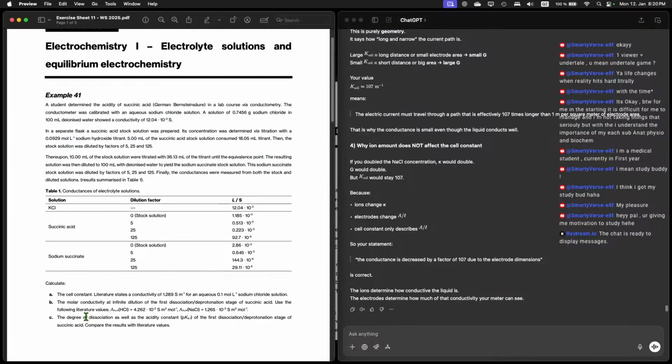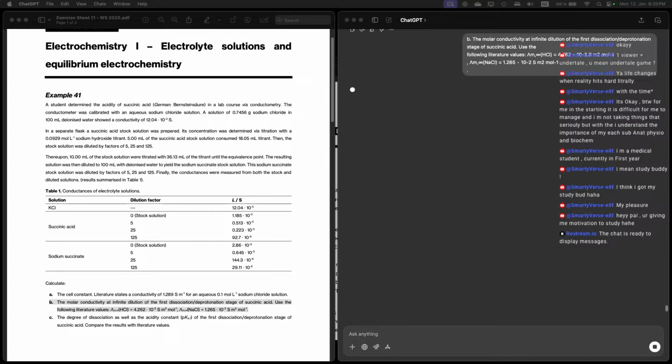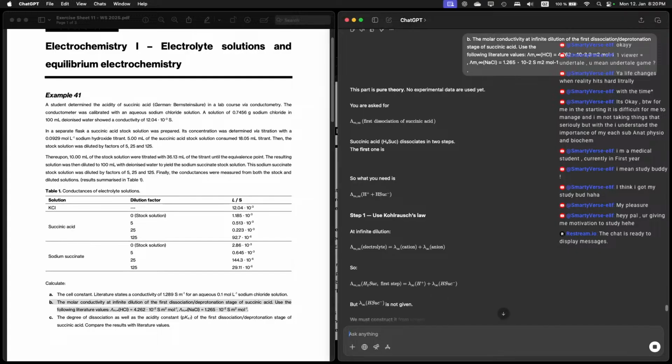Okay. The molar conductivity at infinite dilution. Now, this part is pure theory. No experimental data are used yet. You're asked for the first dissociation of succinic acid, which dissociates in two steps.